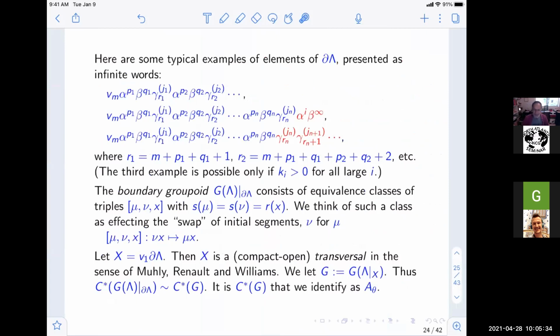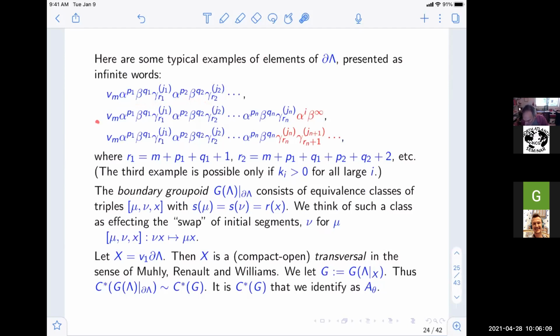So here I tried to give some examples of boundary elements, so infinite directed hereditary sets. Here, the first one, I have an element of lambda 1, an element of lambda 2, an element of lambda 1, an element of lambda 2, and we keep alternating like that. This is really an infinite sequence of an infinite normal form, continually changing from one to the other of our two pieces in the amalgamation.